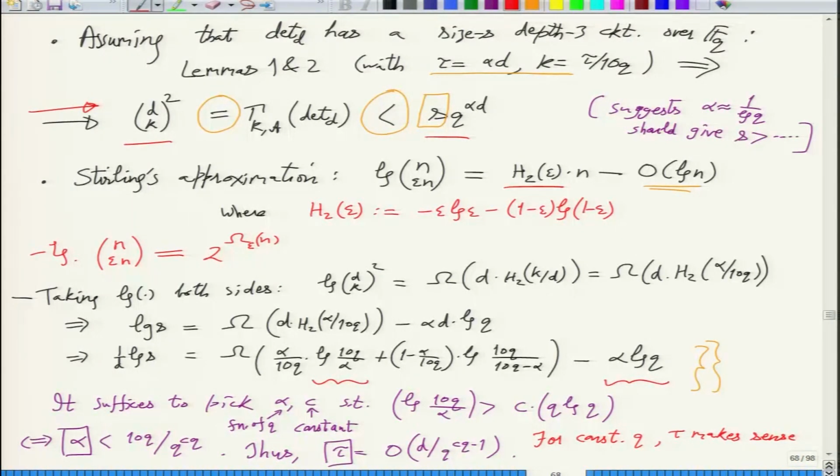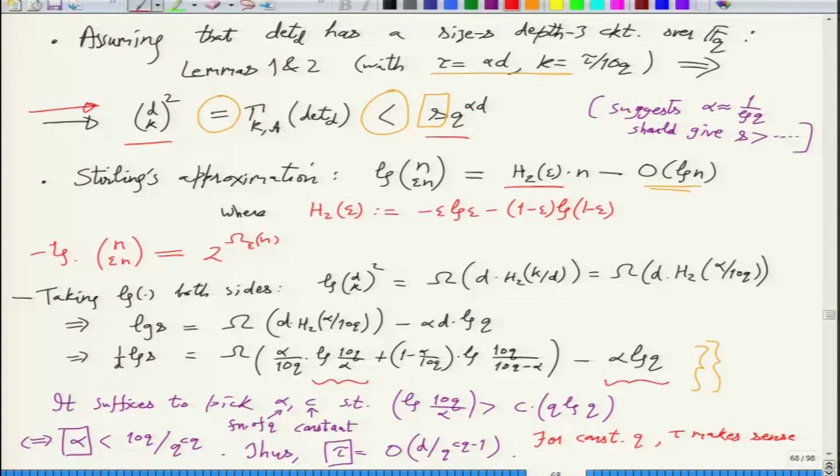What do I mean by make sense? Remember that our proof used tau to divide into cases, whether the rank is less than tau or more than tau. So we are using the fact that tau is some integer bound, right? In case q is very large, since you are dividing d by q raised to q, if q raised to q, for example, is d or more than d, then tau here is a fraction, right?